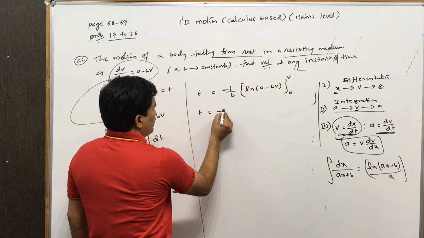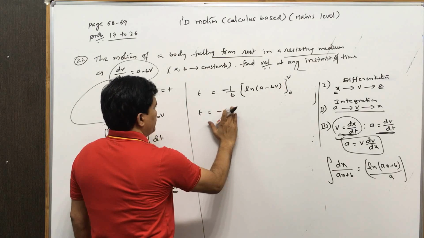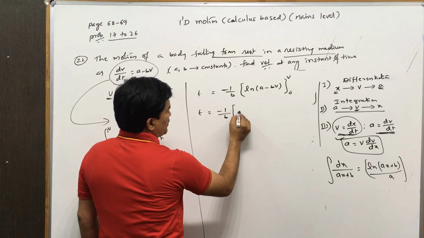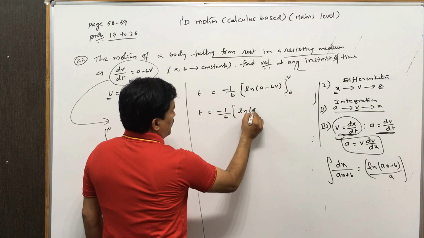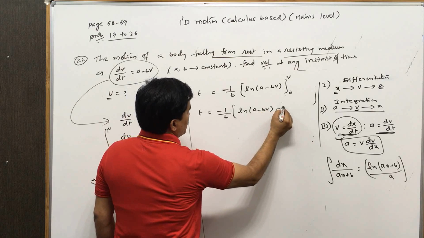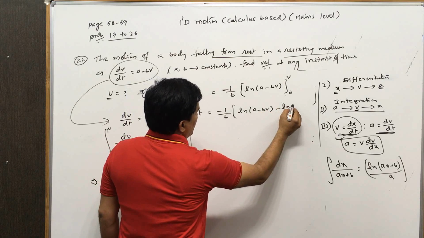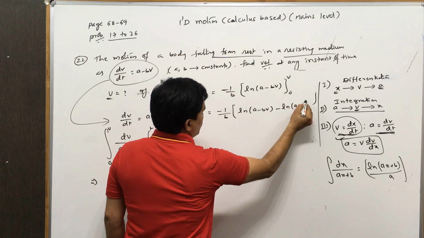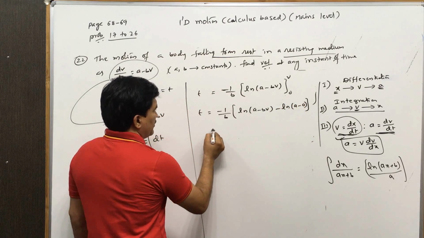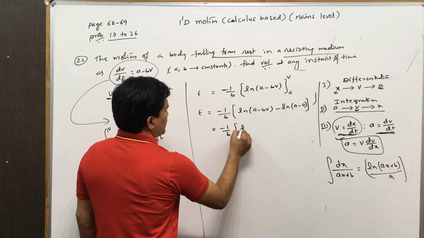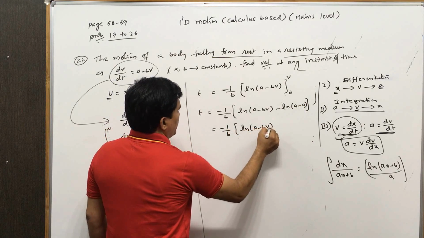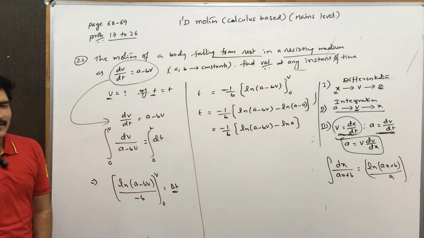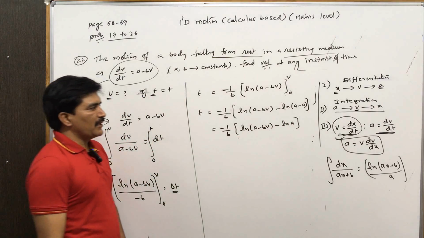Then t is equal to minus 1 by b times, substitute the upper limit first, log of a minus bv, minus substitution of the lower limit, log of a minus b times 0, in the place of v if you put 0, this whole thing becomes log a. Then minus 1 by b times log of a minus bv minus log a, but in the form of log a minus log b. Log a minus log b is nothing but log a by b.